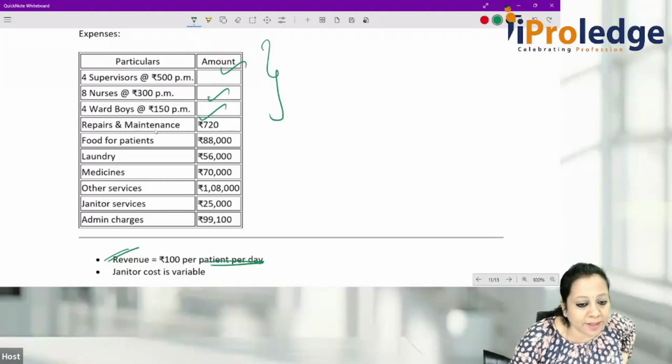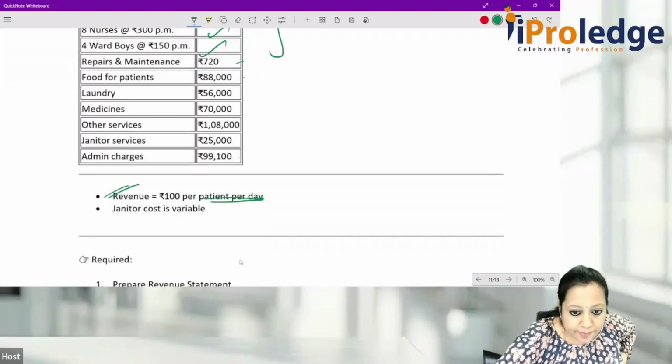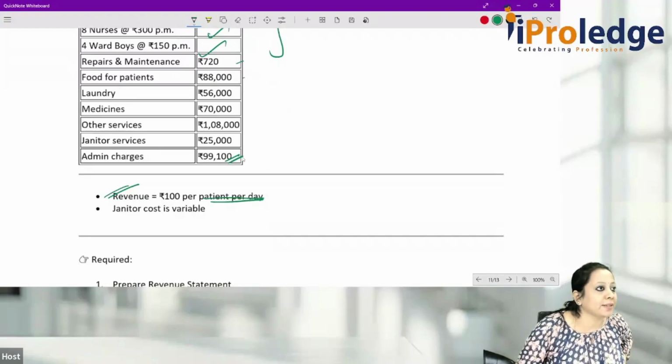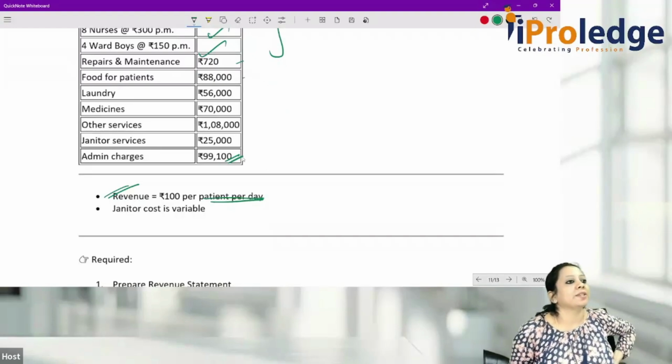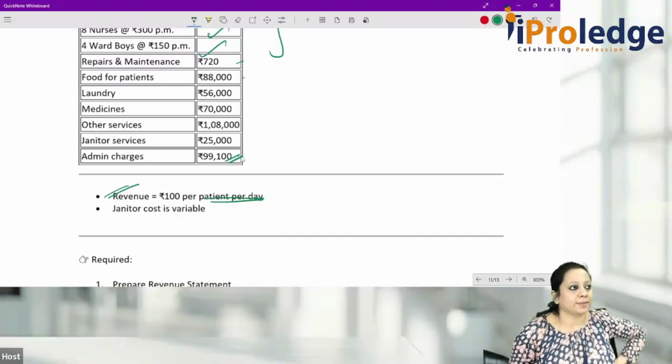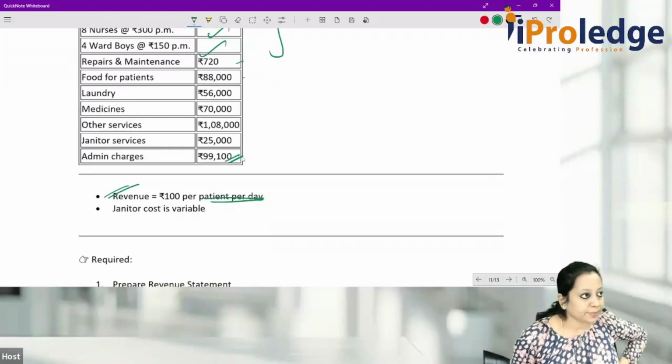This is fixed, of course, but we read all this, isn't it? We read all this. Admin charges also fixed. That is what we can consider. Generally speaking, administrative charges are fixed, isn't it? Like telephone, all these.